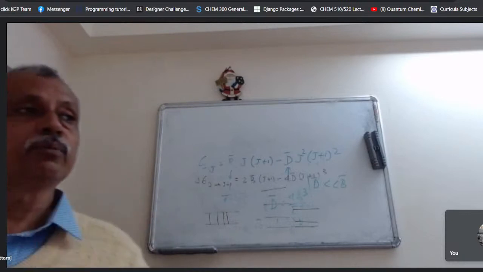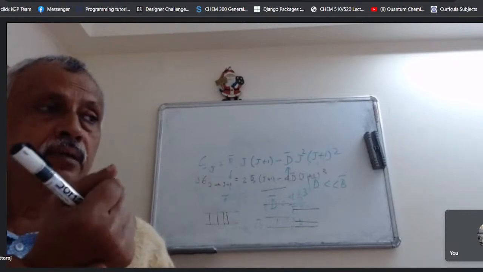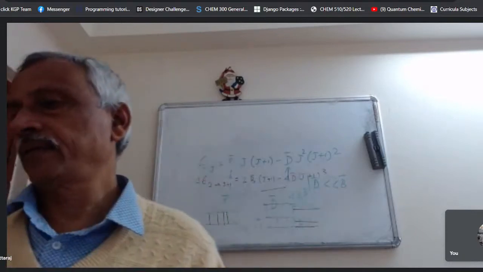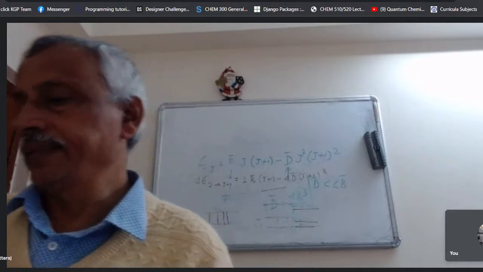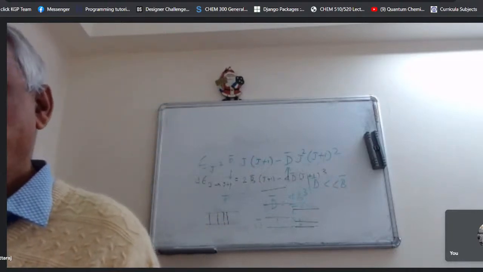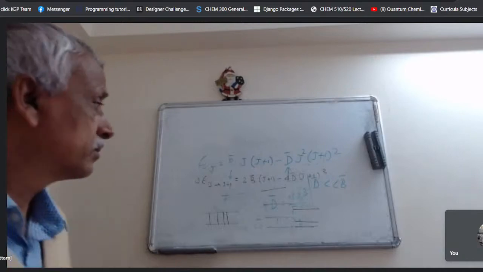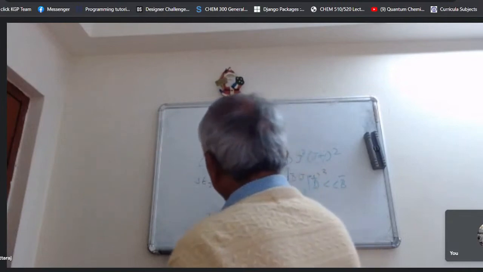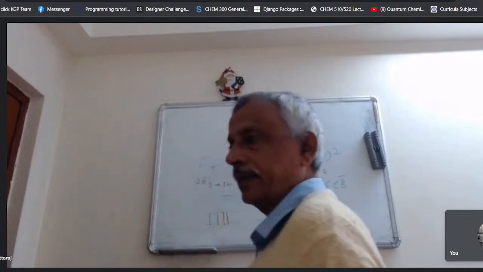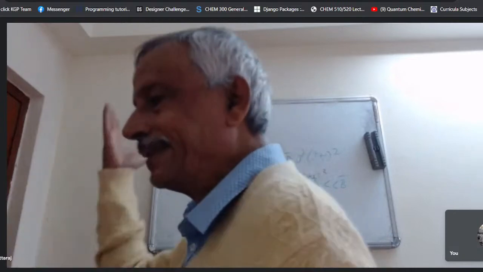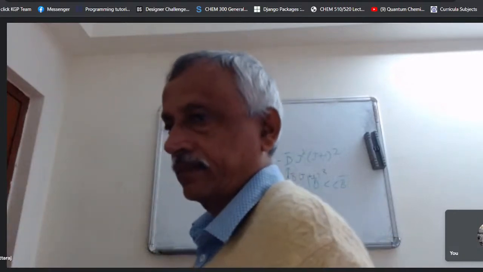As I told you before, line intensity changes. There are several aspects of how the line intensities change. Suppose some of the lines have almost negligible intensity so that you cannot see them with your eyes.